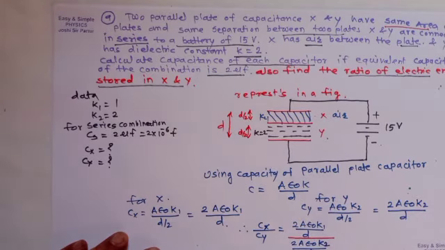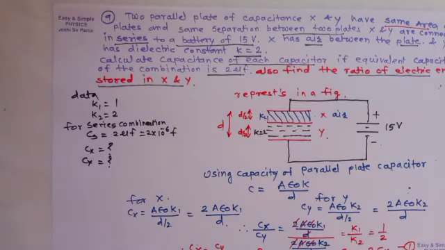What happens? 2 gets cancelled, A epsilon 0 gets cancelled, d gets cancelled. It will be K1 upon K2, which is 1 by 2. Therefore Cx is equal to Cy upon 2, or Cy is equal to 2Cx. Suppose this is equation number 1.